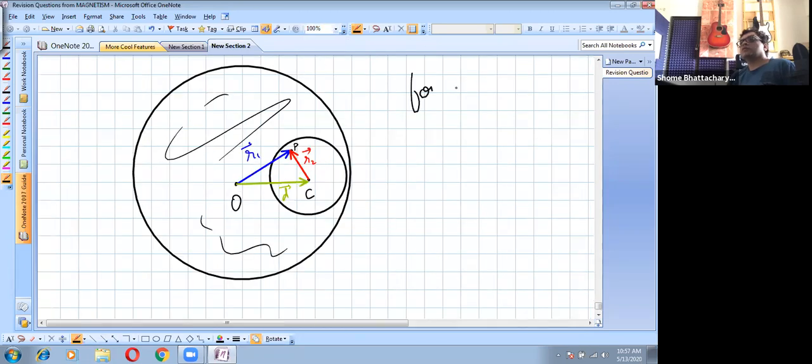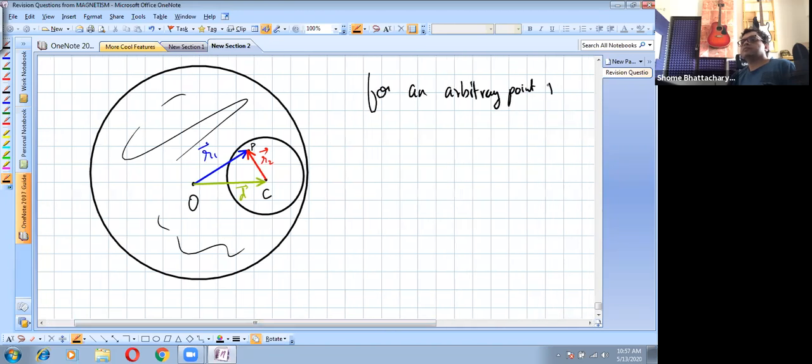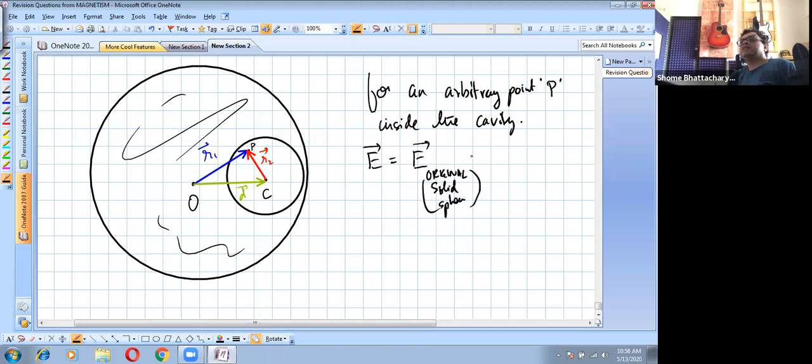So for an arbitrary point P inside the cavity, the net gravitational field will be the gravitational field due to the original solid sphere minus the gravitational field due to the removed small sphere.